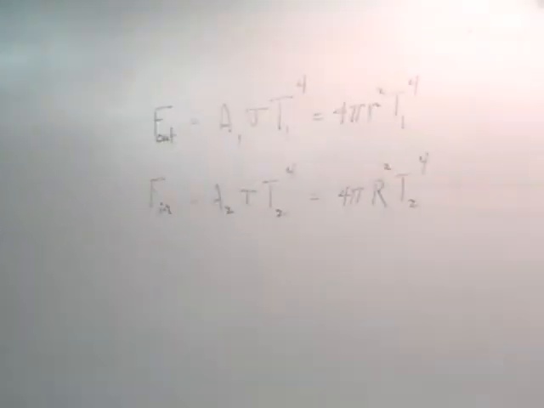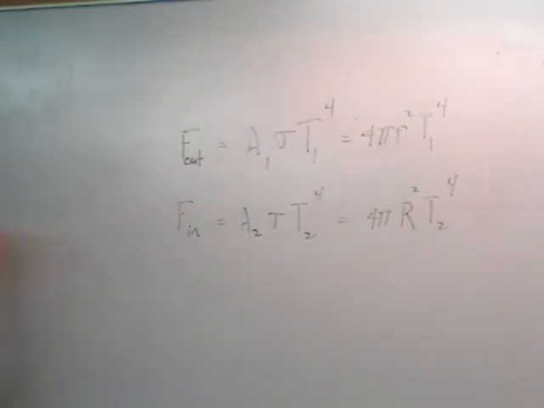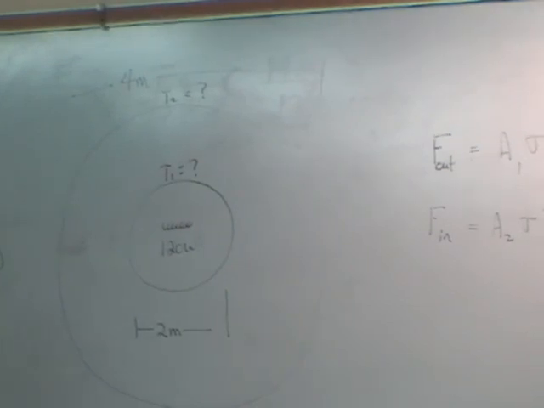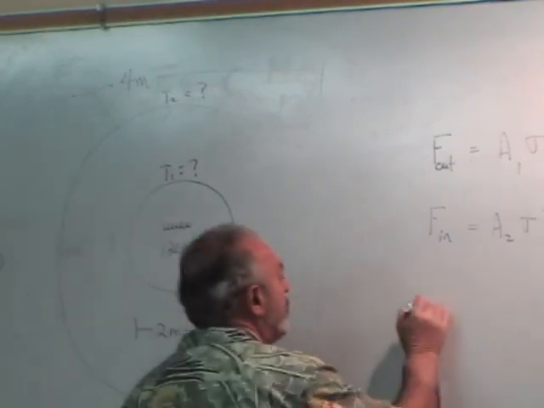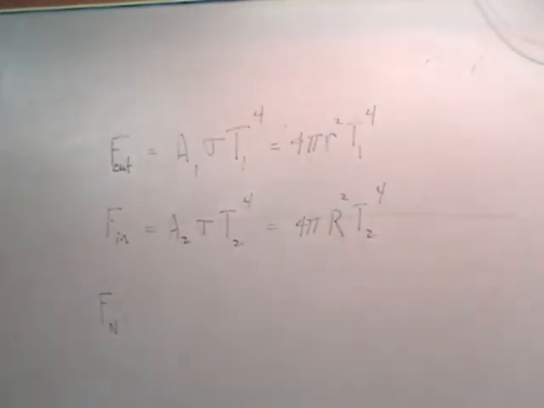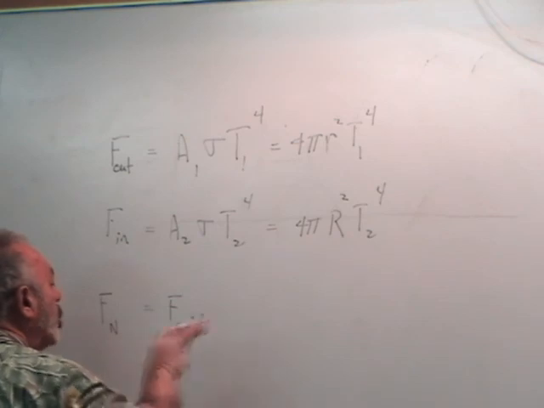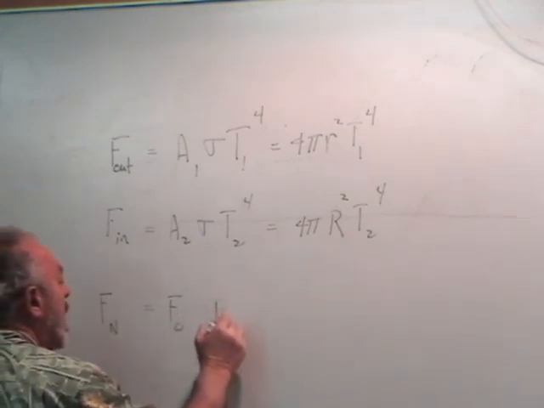The net heat flow out, anywhere in between the two, the net heat flow has to be equal to the power input. So F net, anywhere between these two, anywhere at this surface or arbitrarily in the middle, the net flux must be the sum of the 2 fluxes, and that is F out minus F in.